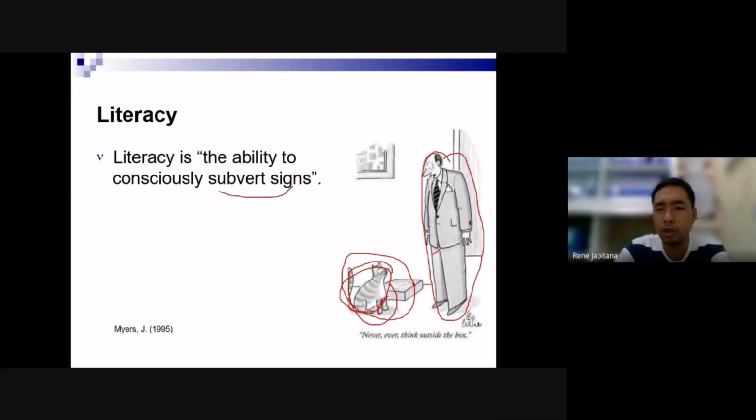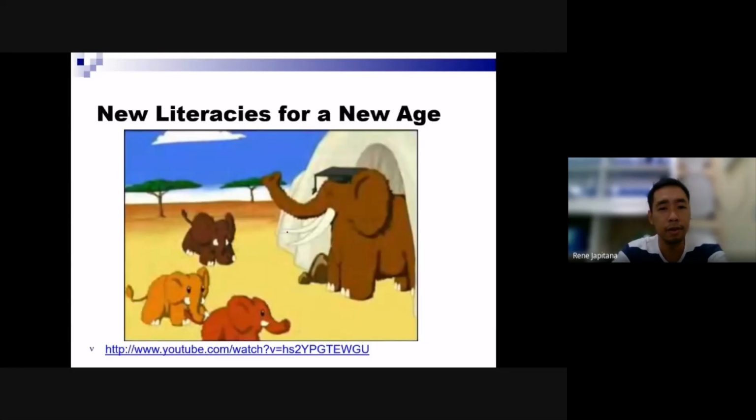We cannot communicate verbally with these pets, but we can understand what the signs are about. So that's literacy, our ability to consciously subvert signs. Probably hungry, missing its owner, we can have that idea. That simply defines literacy.